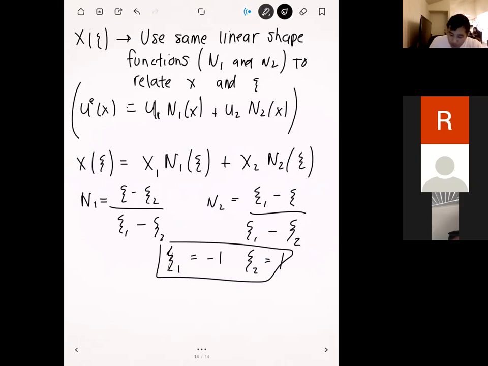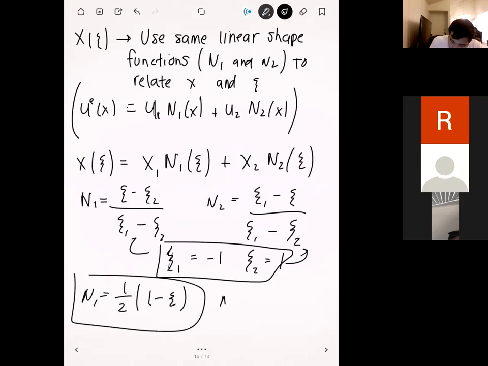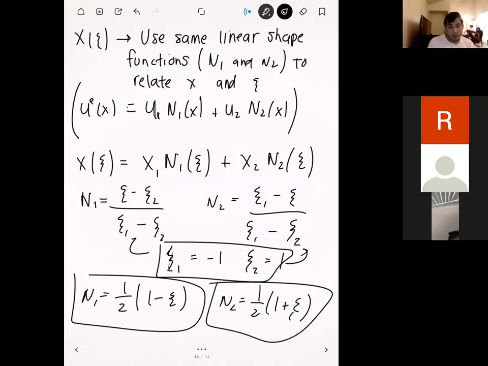Plugging these in, we get much simpler shape functions: n1 is 1/2 times (1 minus zeta), and n2 is 1/2 times (1 plus zeta). These are easier to deal with because they're much simpler expressions.